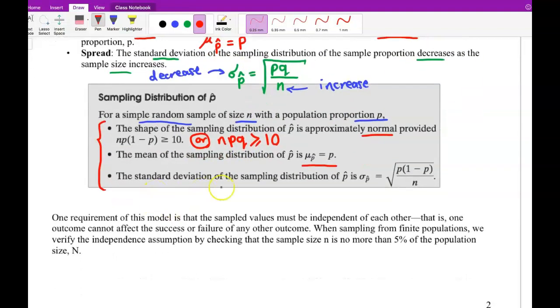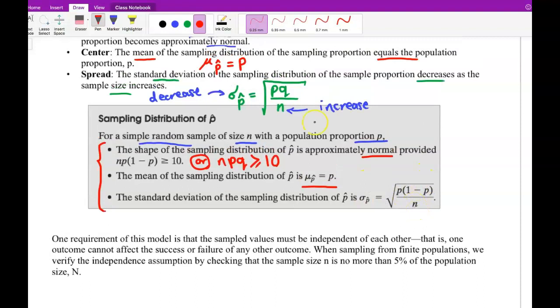And the standard deviation of the sampling distribution is equal to the square root of P times 1 minus P divided by n. We have that on top, so instead of 1 minus P, I had Q. So this is equal to the square root of P times Q divided by n.